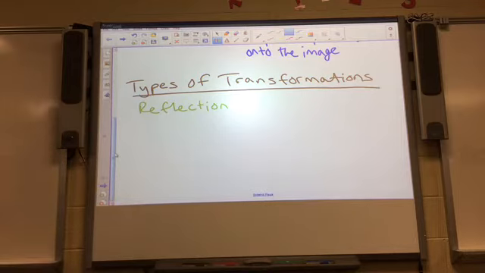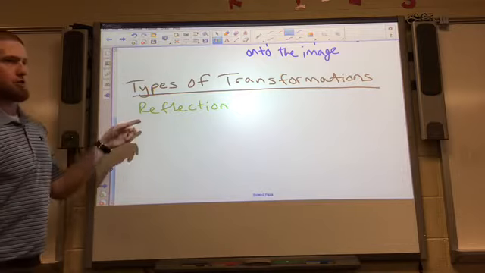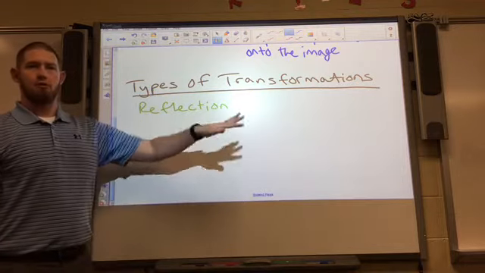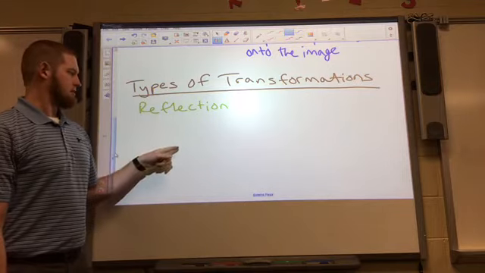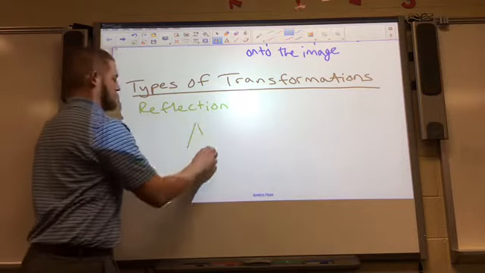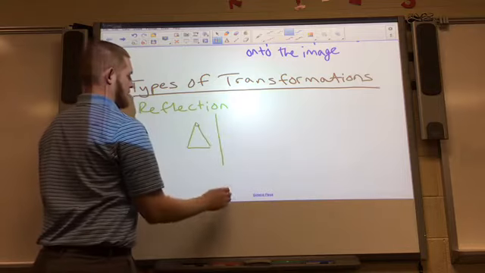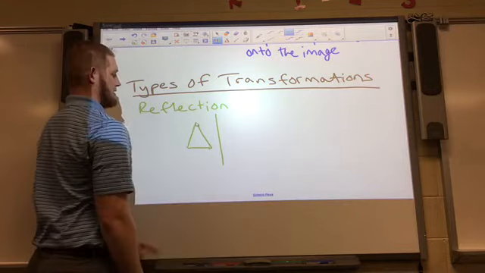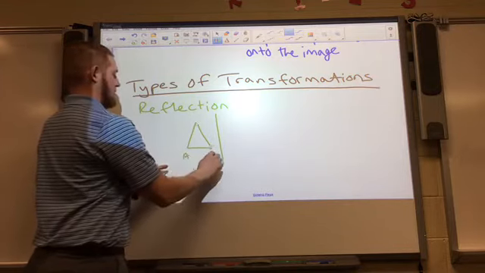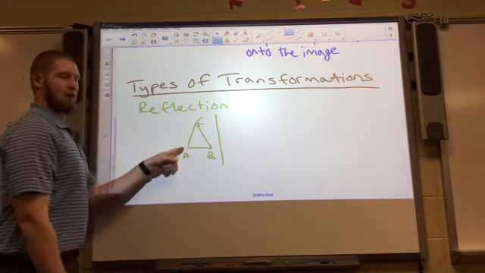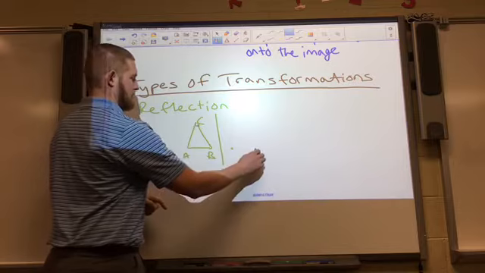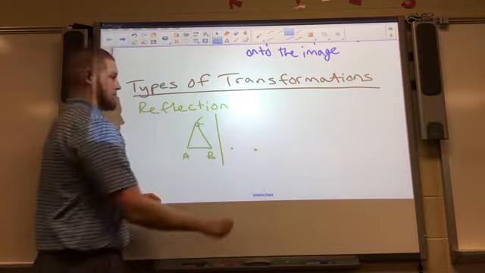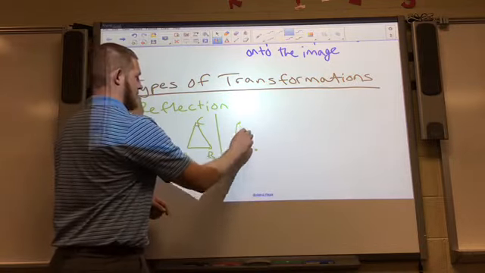Now I also want you to keep in mind, when you do a reflection, everything's backwards, right? Let's just do this real quick. Instead of A being on the left of B, when I reflect it, A is on the right of B. Just keep that in mind.